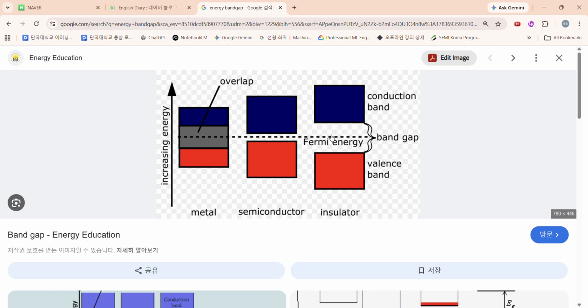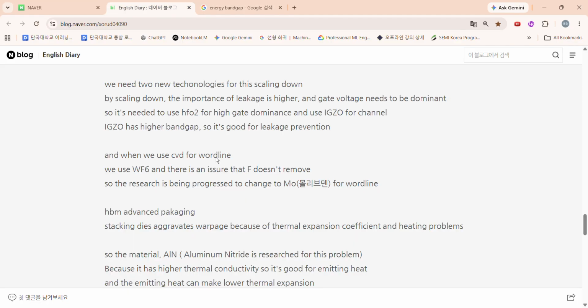So IGZO has a higher band gap, so it can be treated as a leaky insulator, and it can prevent leakage current in the MOSFET when we decrease the channel.